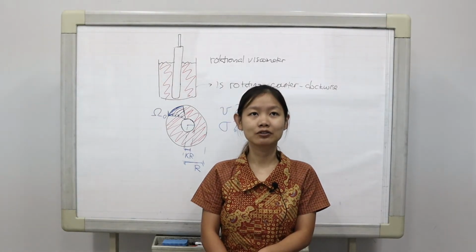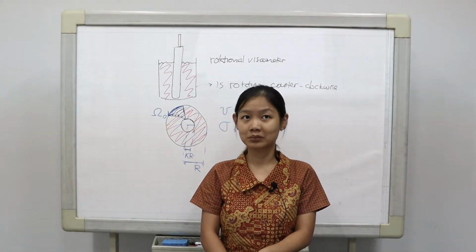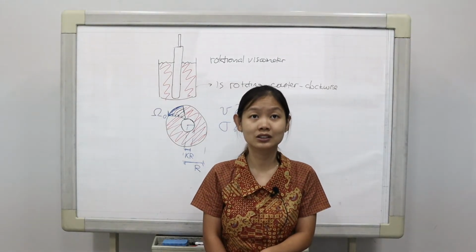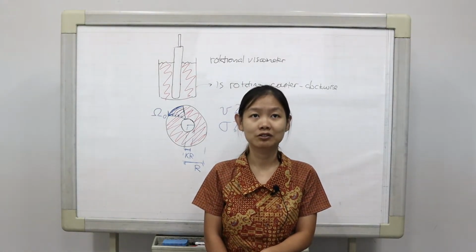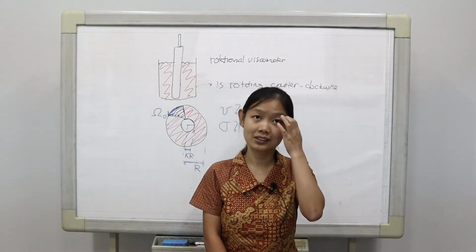Next, v theta over r, and so on. We don't have v theta in that direction, so that term is also 0. Next, v z dou v theta over dou z, we don't have v z, that's 0. Next, v r v theta over r, we don't have v r, that's 0 as well.